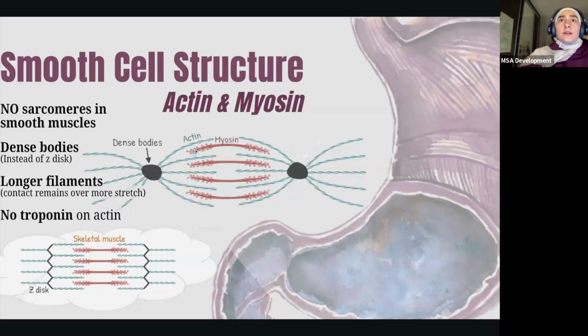If you remember, in cardiac and skeletal muscles, the way you can inhibit cross-bridging, or myosin heads binding to your actin, is by covering the binding site on actin with something called troponin or tropomyosin. We don't have that in our smooth muscles. We have something else that we're going to talk about in a bit, but just know we do not have troponin on actin in smooth muscles.